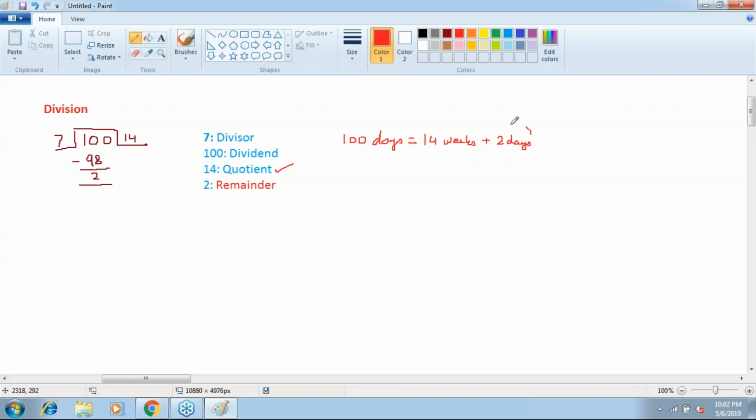These 2 extra days is going to make Monday to Wednesday. These 14 weeks do not matter. Had they been 13 weeks or 3 weeks or 1 week or no week or 2 weeks, doesn't matter. What matters only for this answer is this 2 remainder. So we will say that whatever is the day after tomorrow, the same day will be there 100 days later. Whatever is going to happen day after, the same day will be there 100 days later. Fine. Okay.